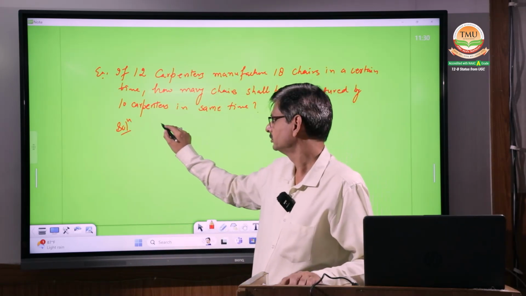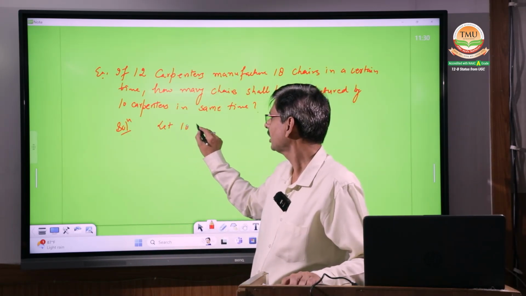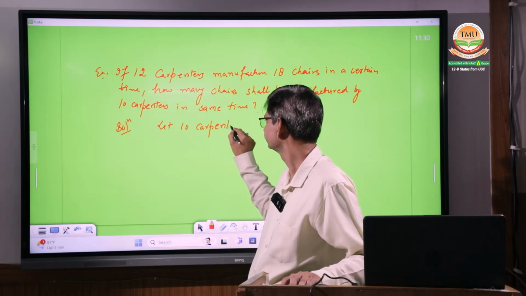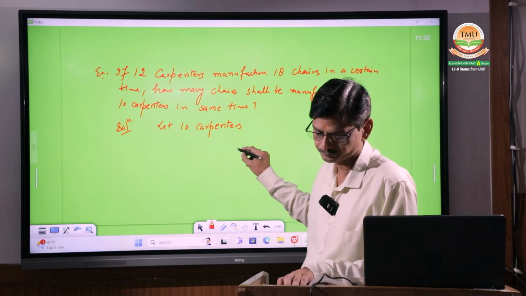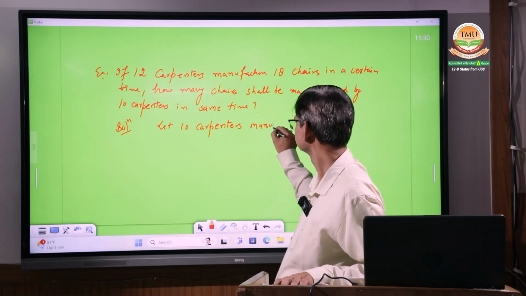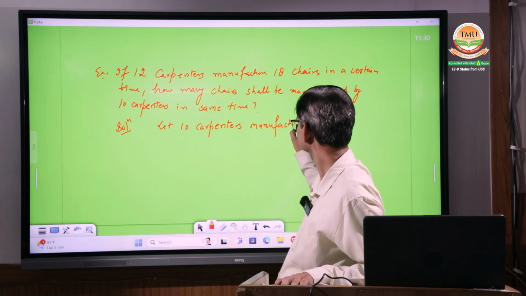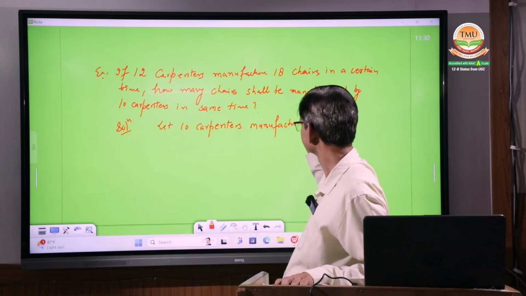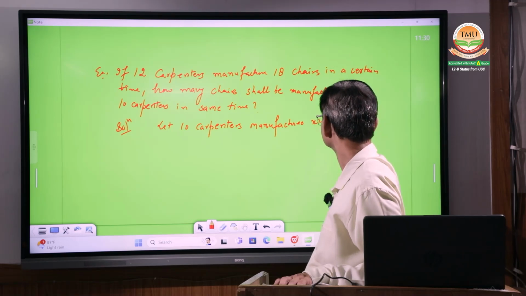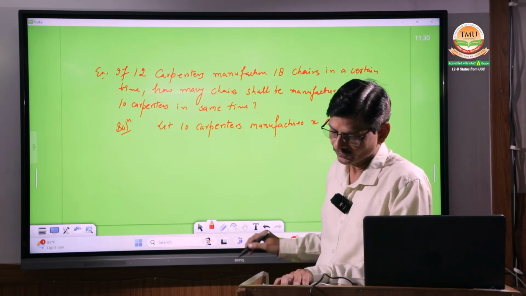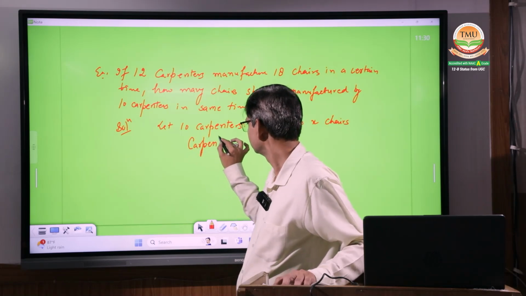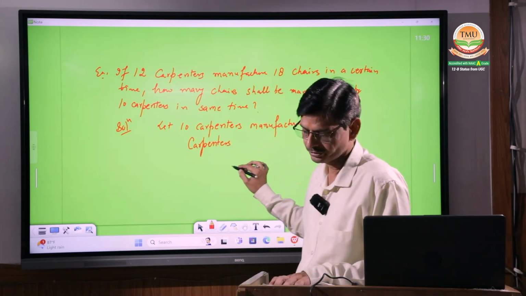Let 10 carpenters manufacture, suppose, X chairs. Now here are carpenters, here are chairs.